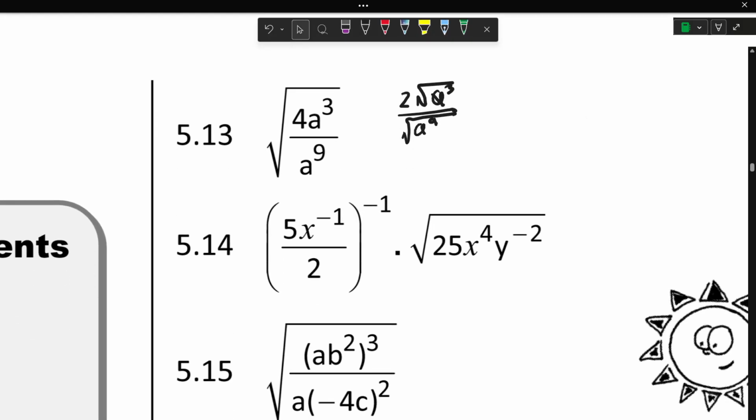Cool. I didn't like how I wrote this, and didn't write this neatly enough, sorry. That'll be 2 root a to the 3 over root a to the 9.